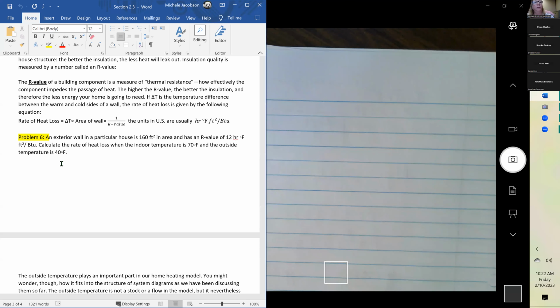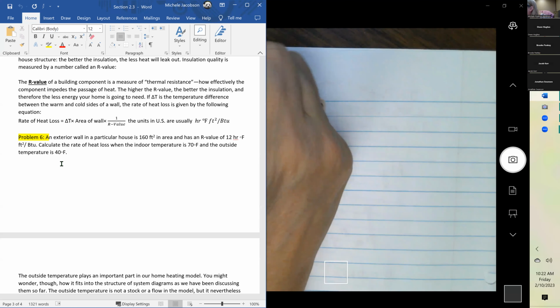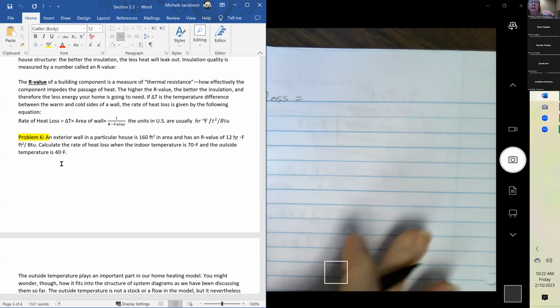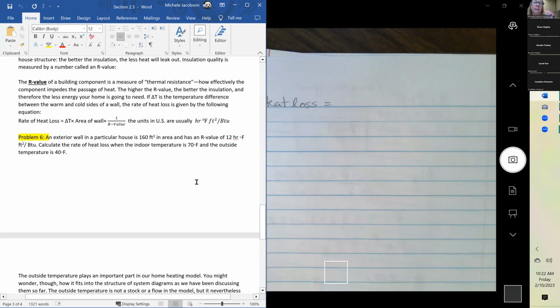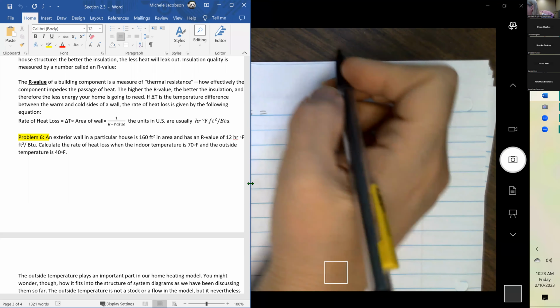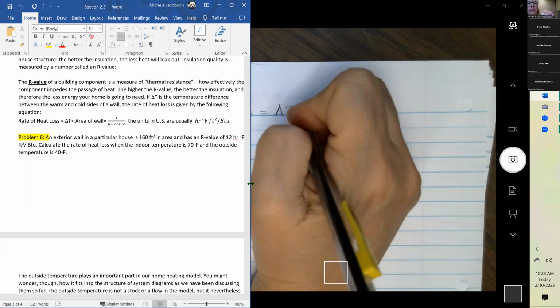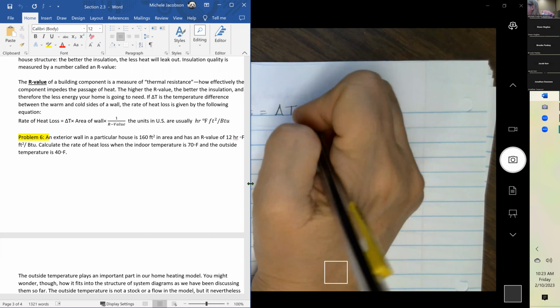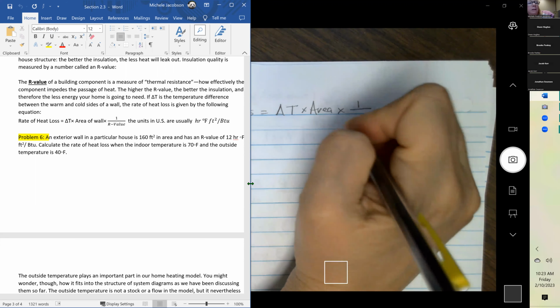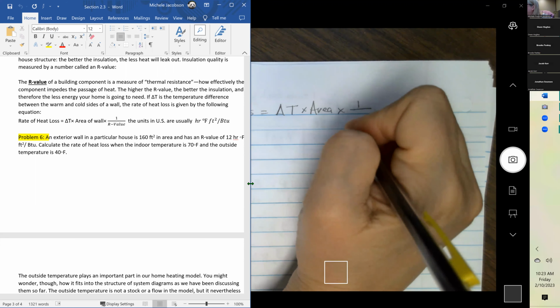Okay, so if we look at the formula. Heat loss equals, I'll write it down first, the change in T times area times 1 over the R value.